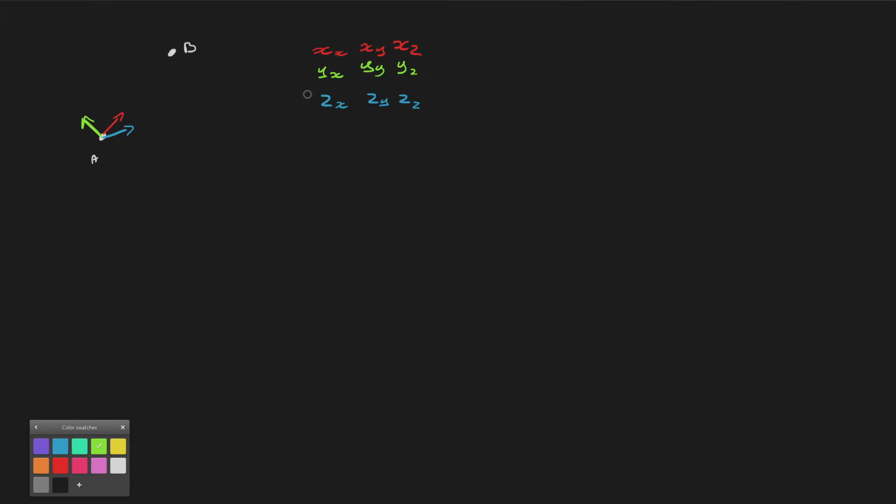Cool. So yeah, we have a 3x3 matrix. I was saying earlier that we wanted an actual 4x4 matrix, and that's because in the last row, we can actually store the position of our object. So our transform is placed on the point A, so we'll just store A like this: a x, a y, and a z.